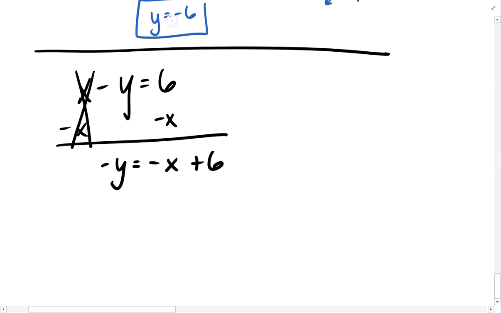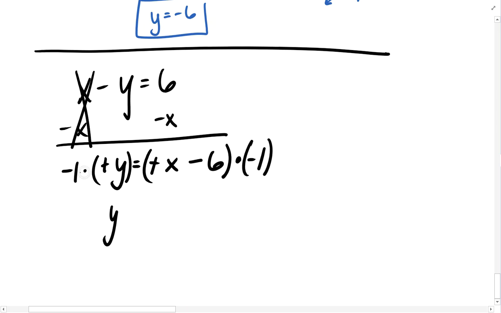Now, as I said in a previous part of this question, I could just change the sign of y to a positive, but if I change this sign, then I have to change the sign of everything else. This is the result of essentially multiplying by negative 1 on both sides of the equation. So if I multiplied this side of the equation by negative 1, and I multiplied this side of the equation by negative 1, effectively all signs change.